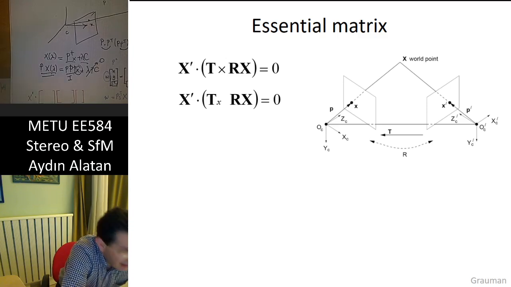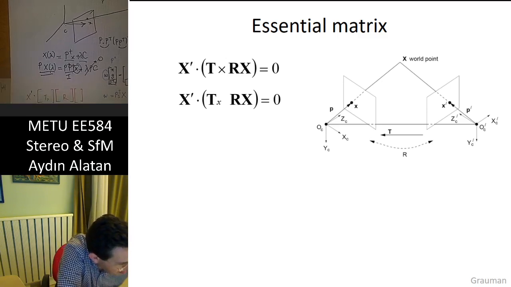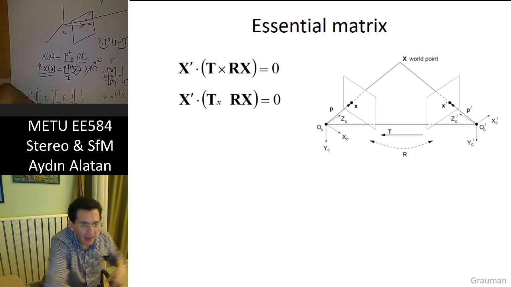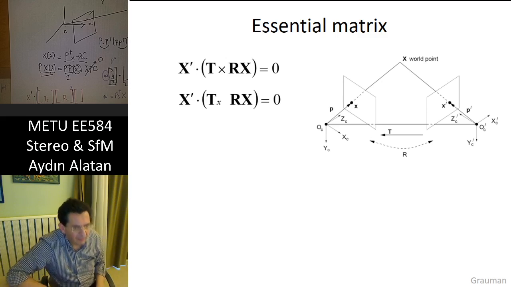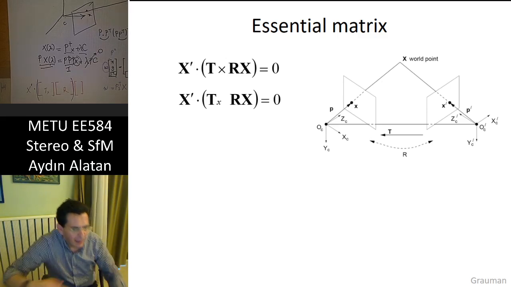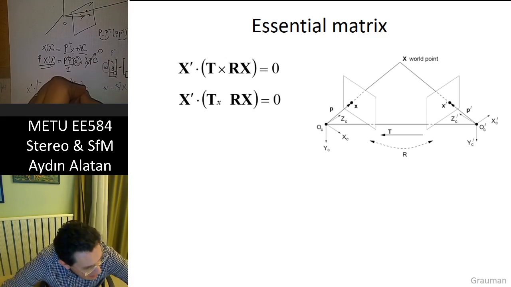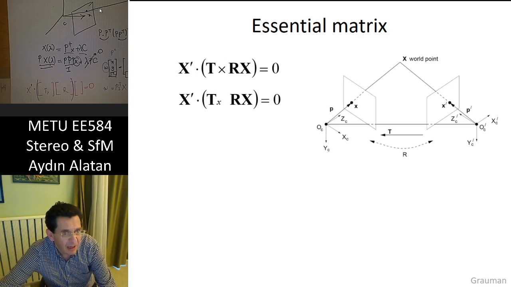Therefore, I can say that this is your T cross, this is your R. Now, if you put this into parentheses, it is nothing but my two matrix multiplication, and the whole thing, by the way, is equal to 0. Okay, and we obtain this result.